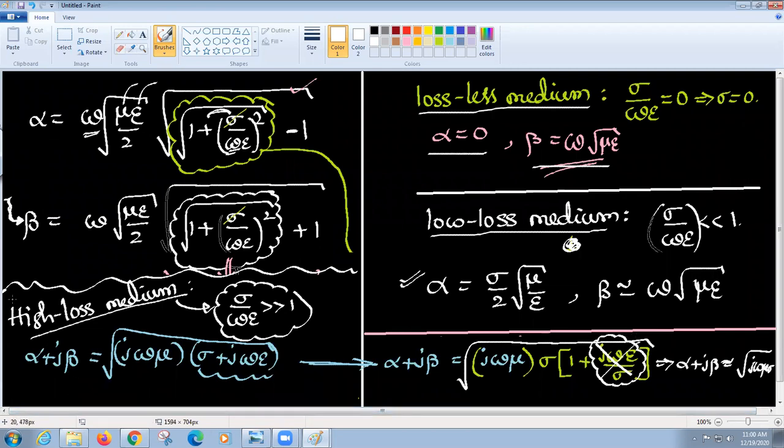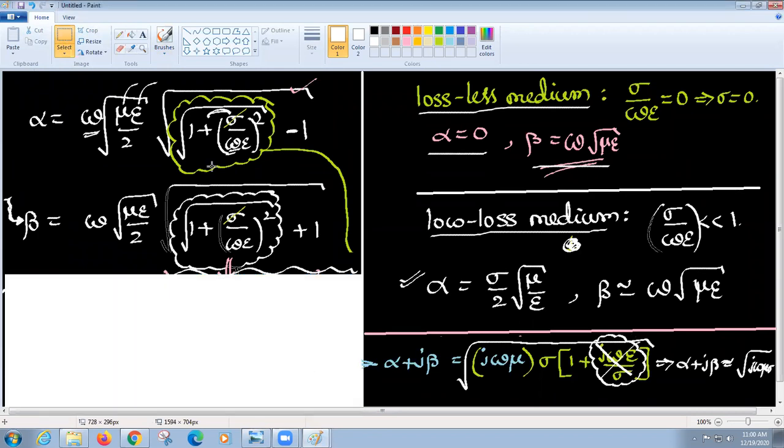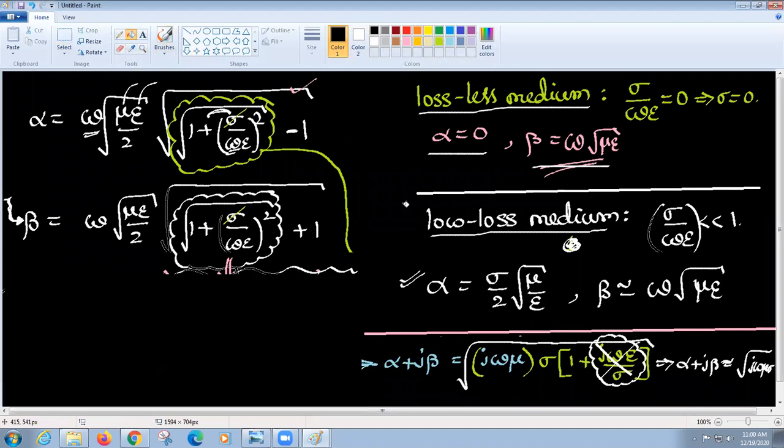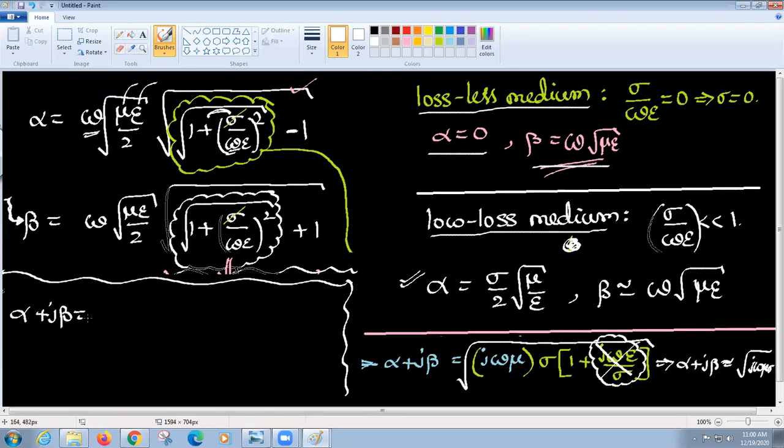So the square root of j omega mu sigma. If that is so, then tell me what alpha is. Alpha plus j beta: I know the square root of j means it is 45 degrees, right? So you have something like this, the square root of omega mu sigma at 45 degrees. So this is cos 45 plus j sin 45.